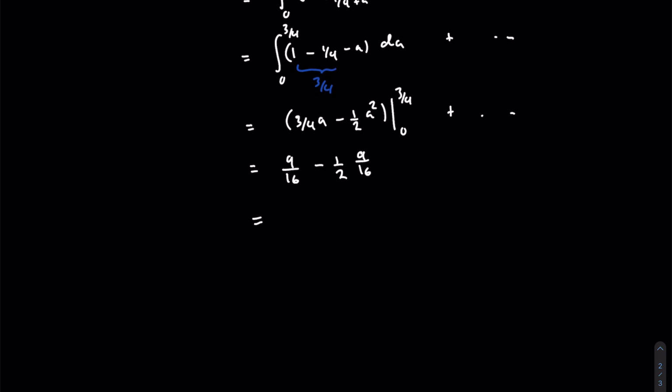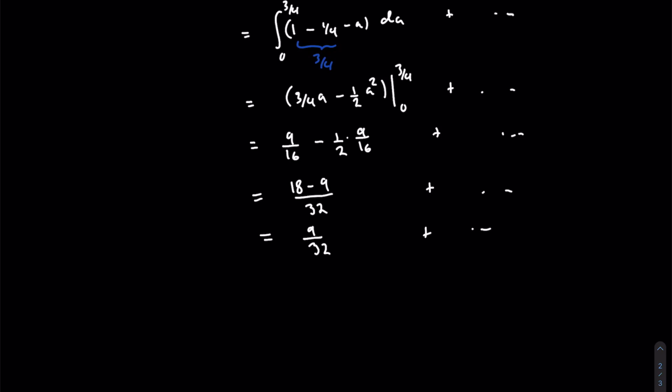Okay. So we're going to write this whole thing in terms of 32. So denominator 32 times 2 here. So we have 18 minus 9. And that's 9/32. We have plus this whole thing here. And that's exactly the same. So by symmetry of the triangles, this is also 9/32.